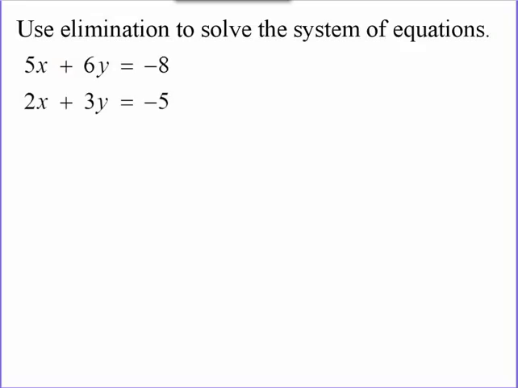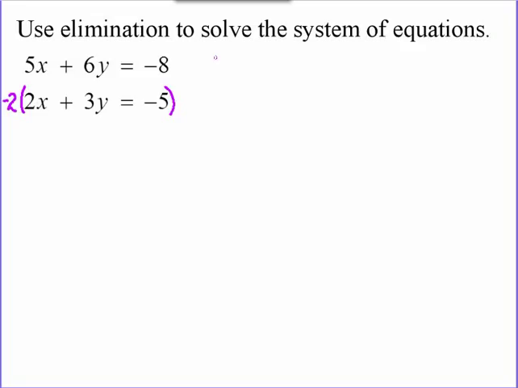So what I'm going to do is make the bottom equation a negative 6. So how can I make 3 a negative 6? Times it by negative 2. Good. And I'm going to use a negative. The reason why is because, remember, we always want opposite signs.